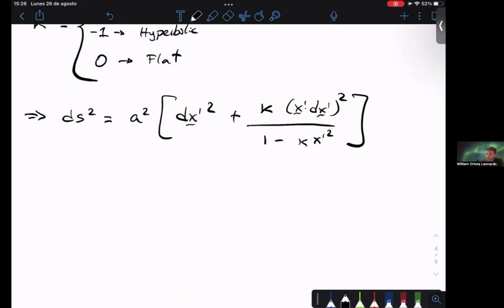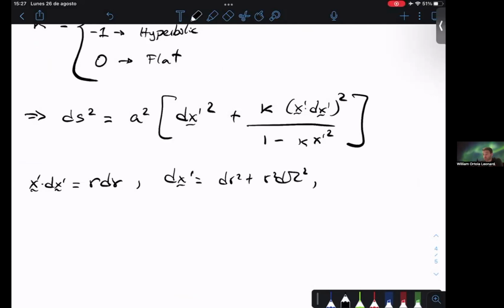Because the universe is isotropic, the dot product of x times dx is not going to care about the angles, it's only going to care about the radial component. And then dx prime squared can be just written as dr squared plus r squared times the solid angle squared.